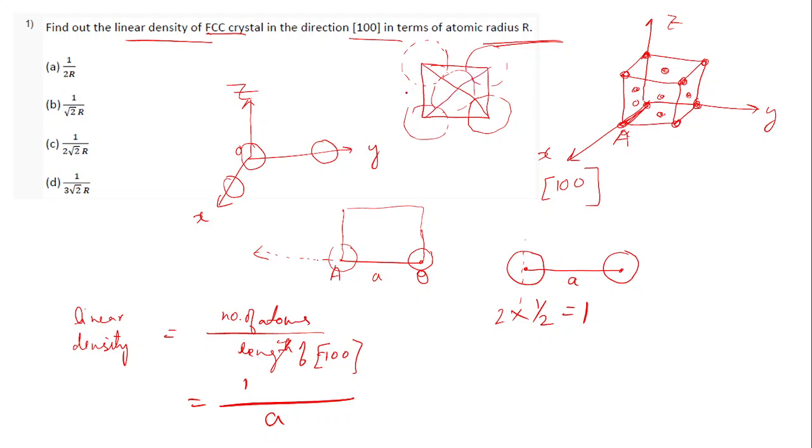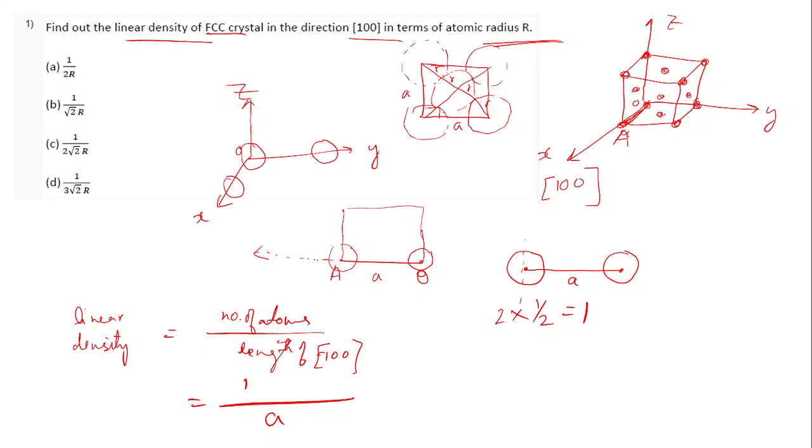And the side of the cube is a, and this is r, this is r, this is r, this is r. So this is a and this is a, which means the face diagonal will be, because this is a right angle triangle, as we did last time. If you still have doubt, you can watch last time's interactive session, where we discussed how to get this from the Pythagoras theorem.